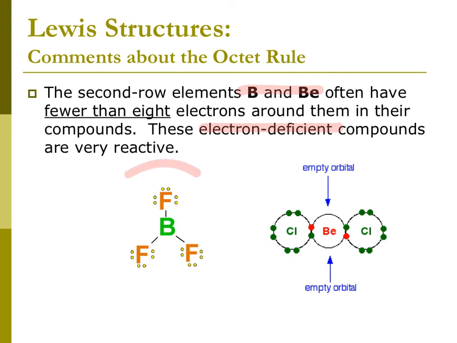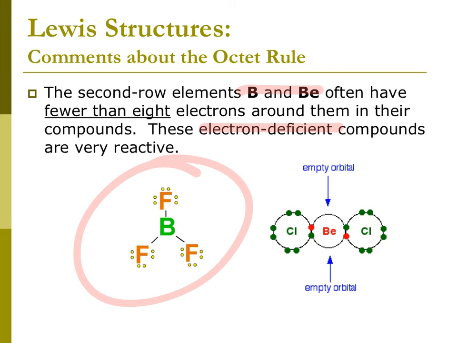I want to point out specifically BF3 because we drew it a lot in honors chemistry with a double bond. That was when we were blindly following the octet rule, not considering the idea of incomplete octets. In reality, boron does not need 8 electrons. It is satisfied with 6 electrons, so it is all single bonded to the fluorines for the correct Lewis structure for BF3.